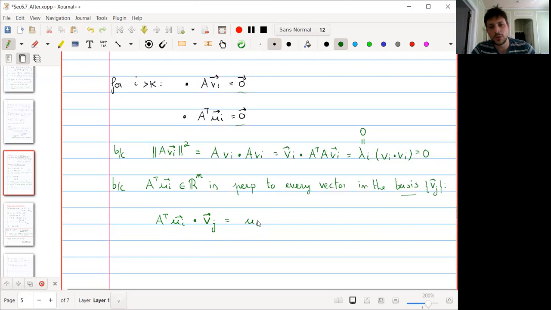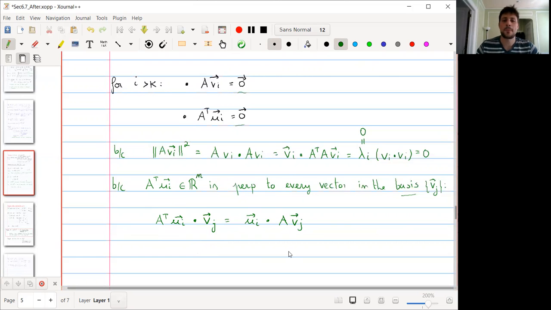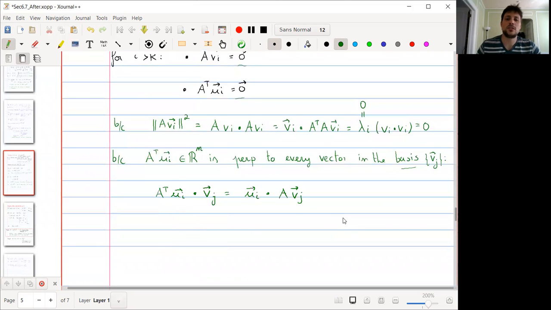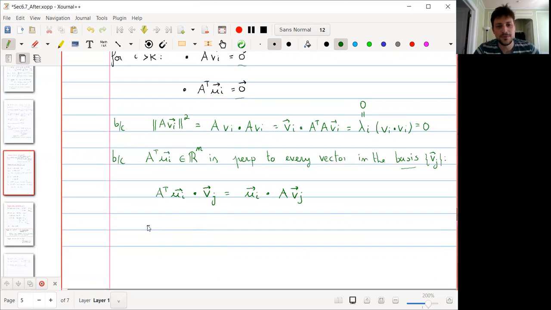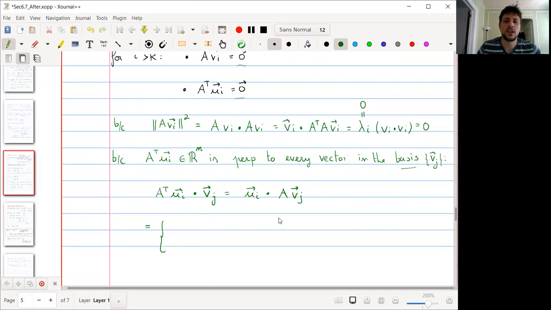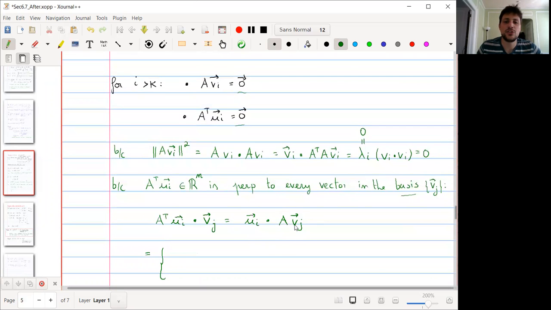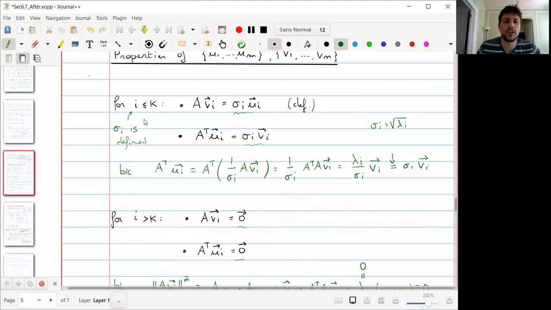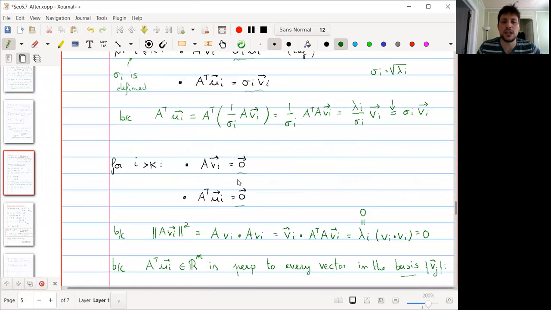So let's try to compute this. Well, this is Ui, I can move across my matrix, times A Vj. Now, we know something about A Vj. When j is less than or equal to k, A Vj is equal to sigma j Uj.